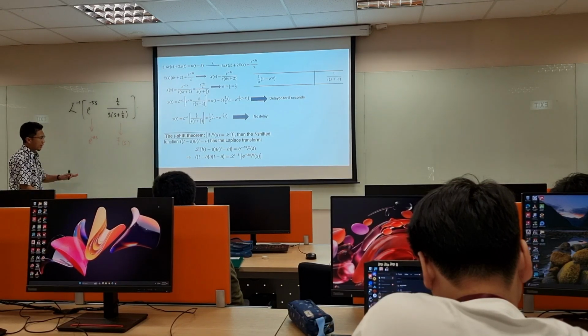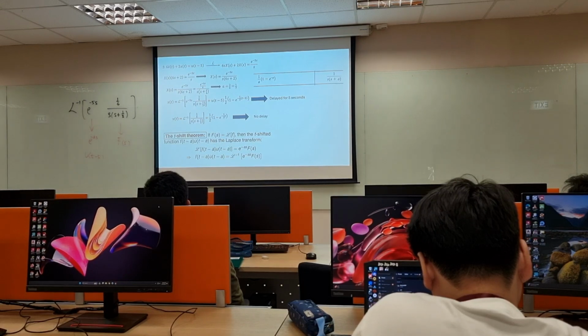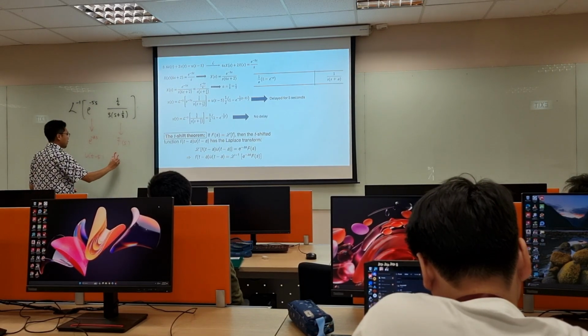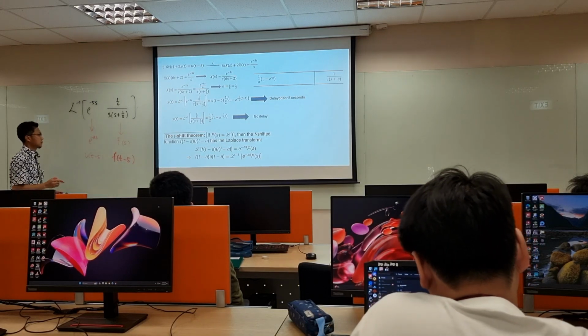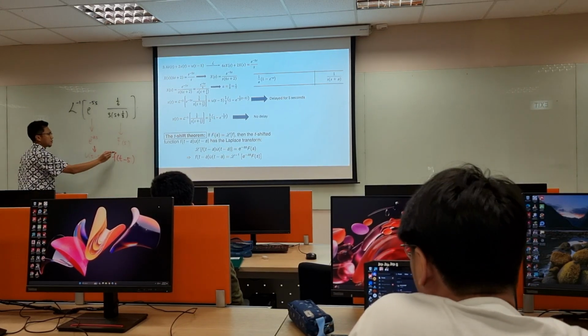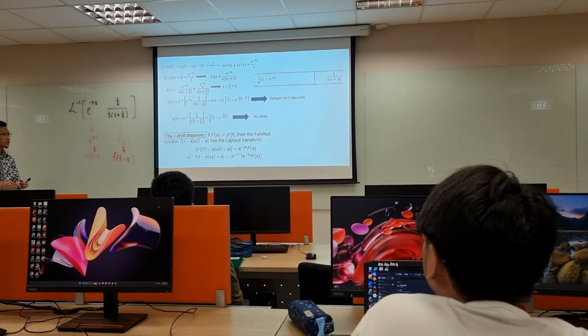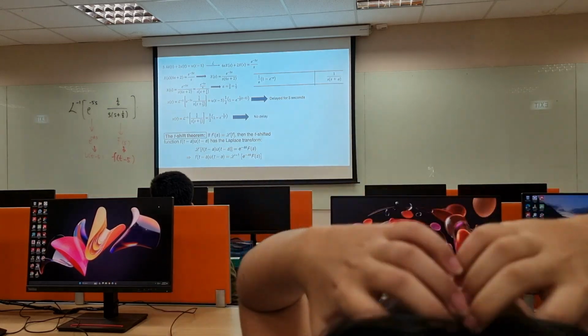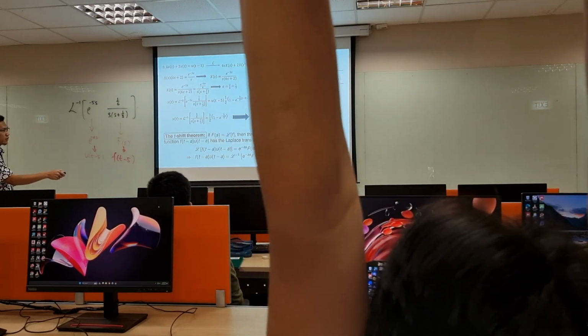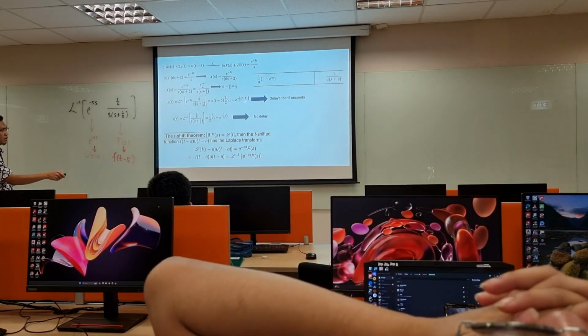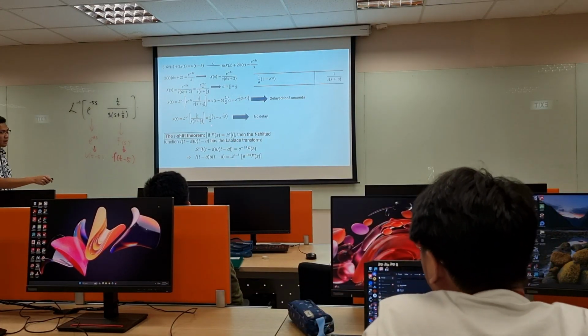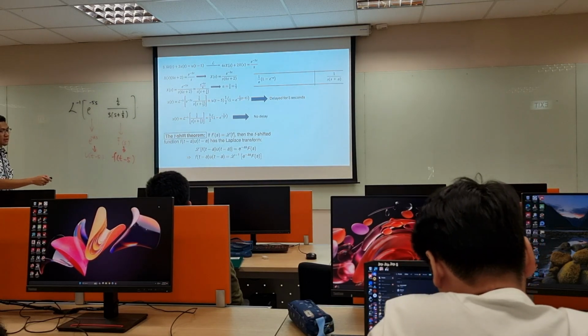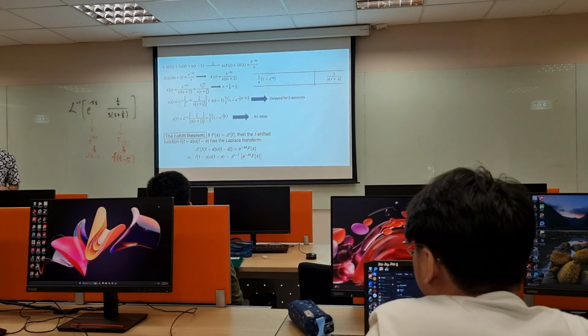So when you get it back, this one becomes u(t minus 5). And this one just becomes f(t minus 5). That's because of the T-shift theorem. So this is the u(t minus 5) that we have, and this is the f(t minus 5). So the same f(t), but the t is replaced by t minus 5.